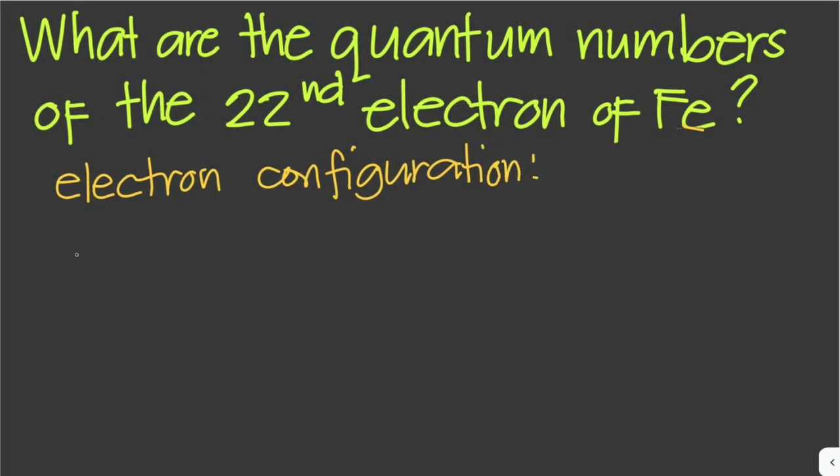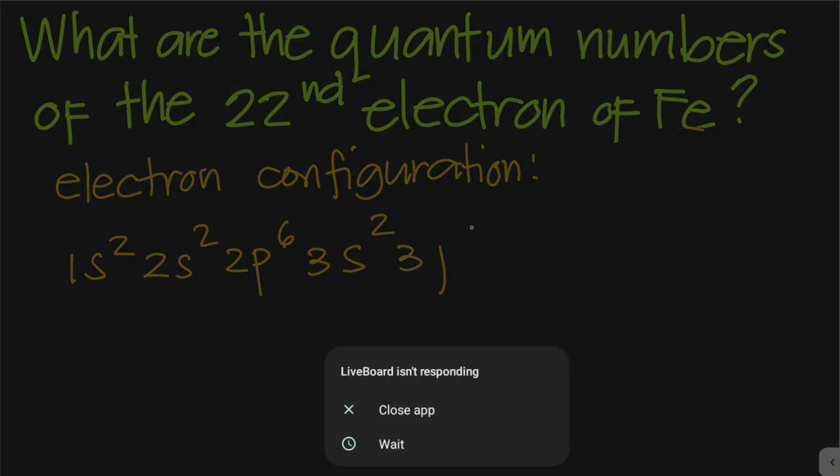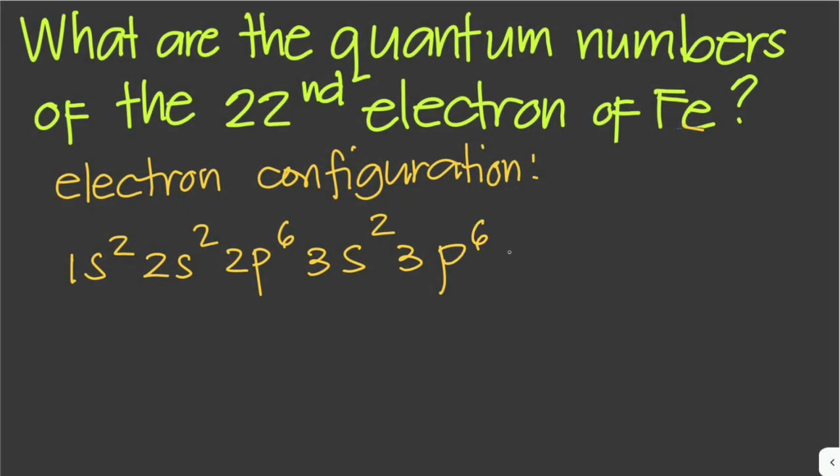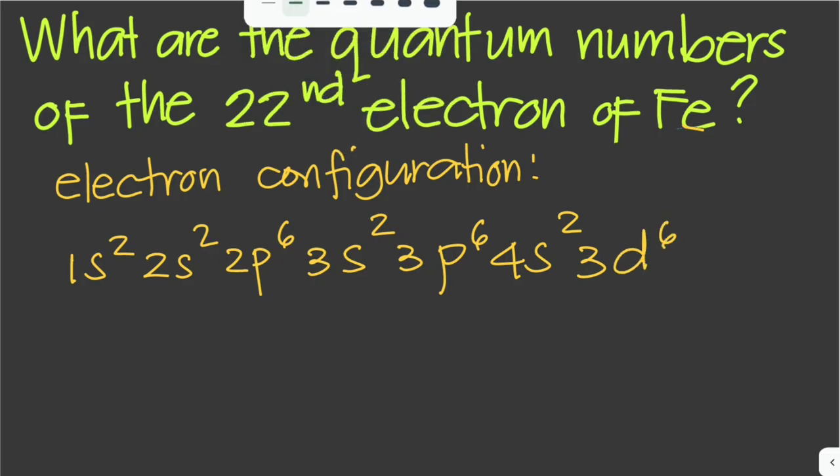Okay, so that would be 1s2, 2s2, 2p6, 3s2, 3p6, 4s2, 3d6. Let's check if it's 26. 6, 12, 18, 20, 26. All right. So we're only asked for the 22nd. So we count the number of electrons up to the 22nd only.